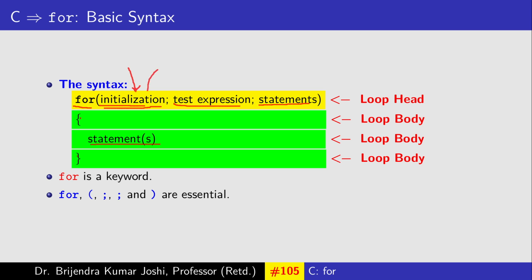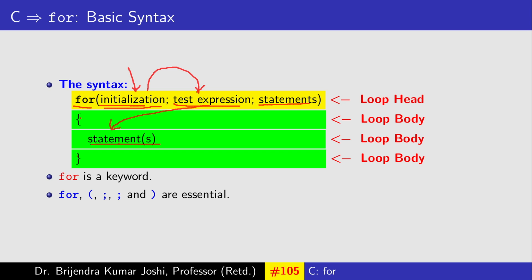Then after initialization, it tests the expression. This initialization is done only once. Then the test expression, and if this expression evaluates to true, only then does it proceed to execute the statements written inside the pair of braces. If you want to execute only one statement, it is not essential to have a pair of braces, as I have told a number of times in the previous videos.